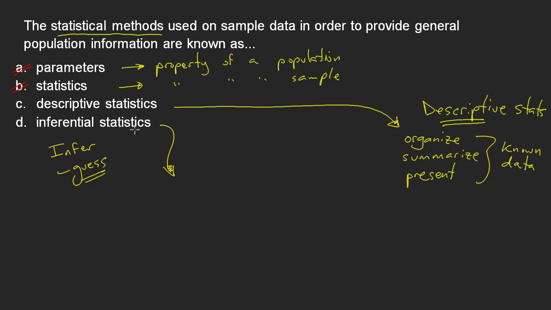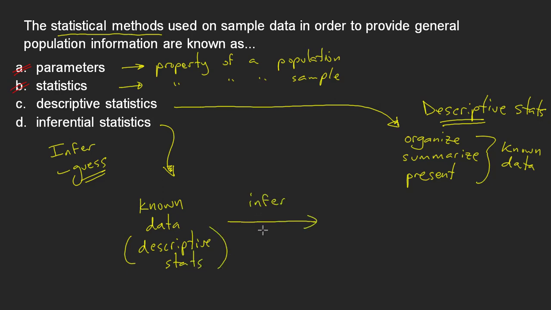Inferential statistics is going to be what's happening when you are using known data, and so when you're using your descriptive statistics to infer or guess at, the words that are actually used in the course are estimate or hypothesize. These are just fancy names for educated guesses.